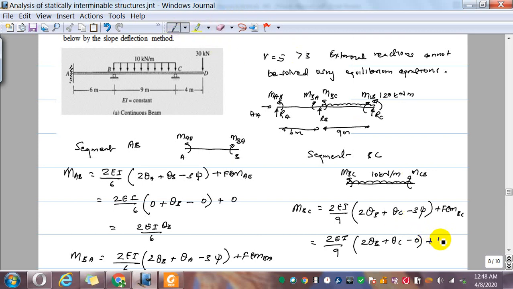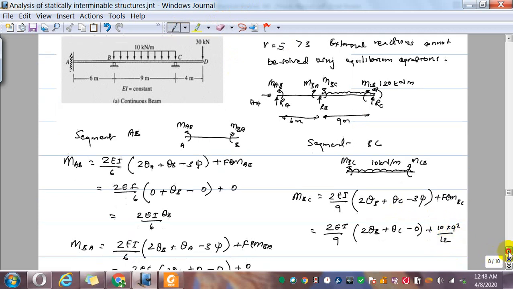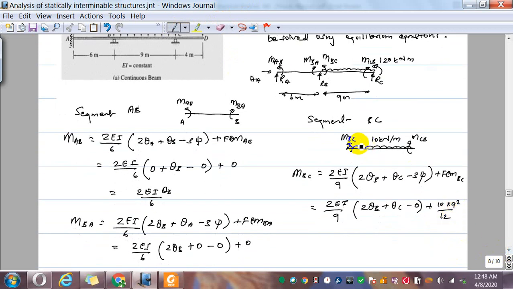So W is 10. L squared is 9 squared over 12. And it's positive because it's counterclockwise direction.